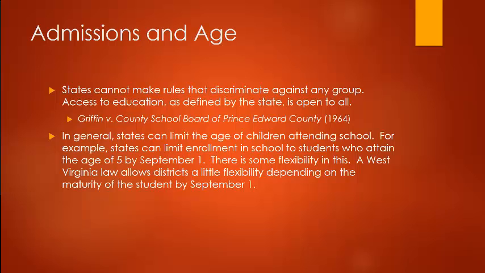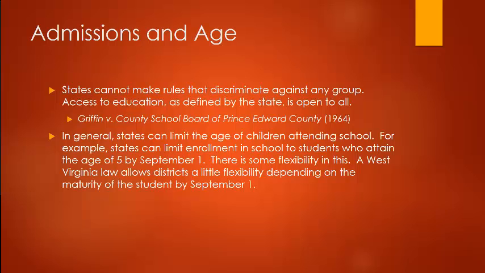There are some other issues here talking about specifically kindergarten. Typically what we see in kindergarten laws deal with age, and September the 1st seems to be a cutoff that most, if not all, states use, as the child needs to be 5 years old by September 1st. So in general, states can limit the age of children attending school.